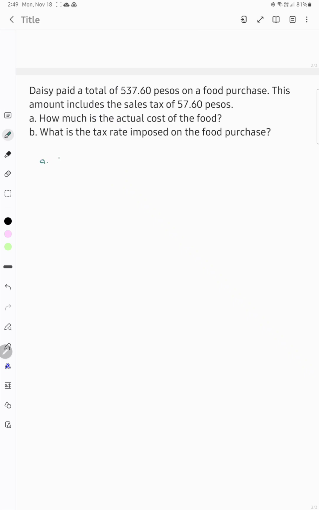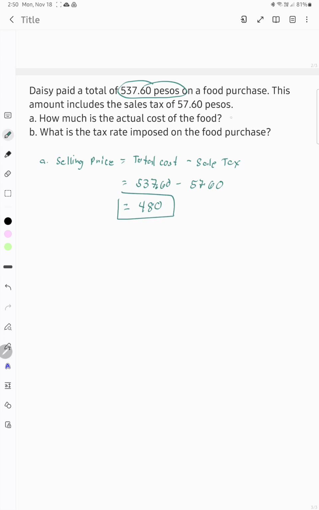Selling price would be equal to total cost minus sales tax. Total cost is 537.60 minus the sales tax of 57.60. Subtracting that, we get 480 pesos.